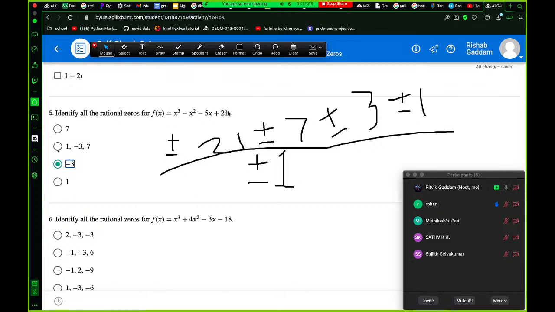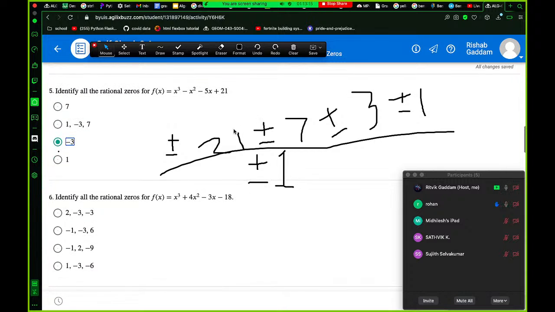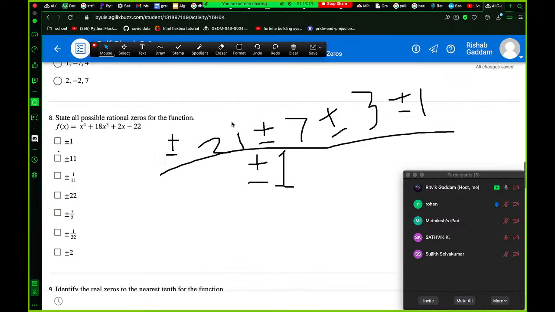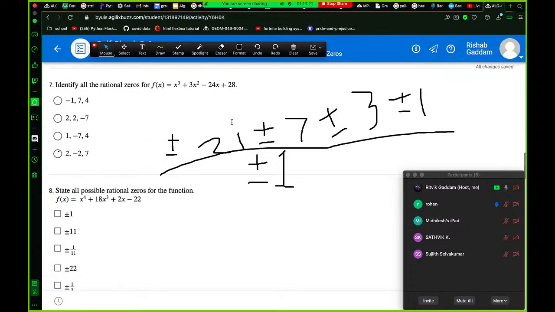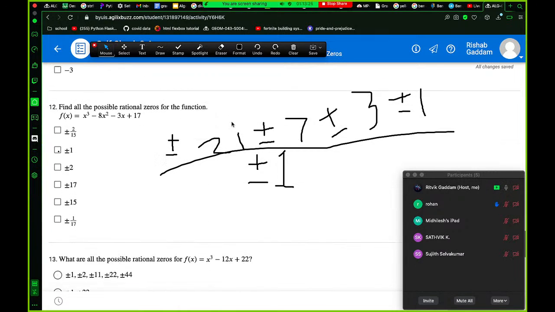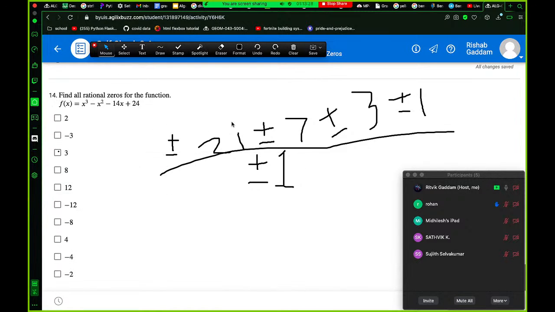But if you didn't have the multiple choice here, if you just had a blank, then you can get the options by using this theorem. Okay. If there was no other easier way to do it, then you would use this.